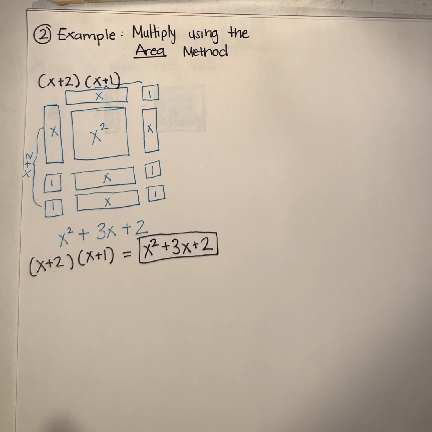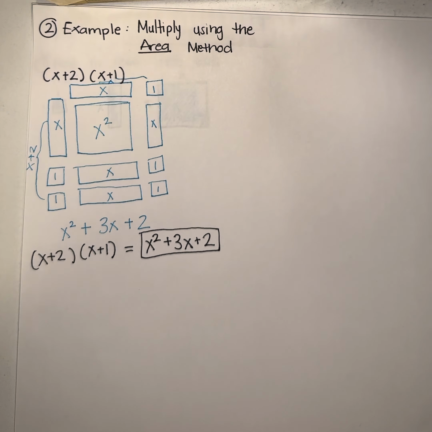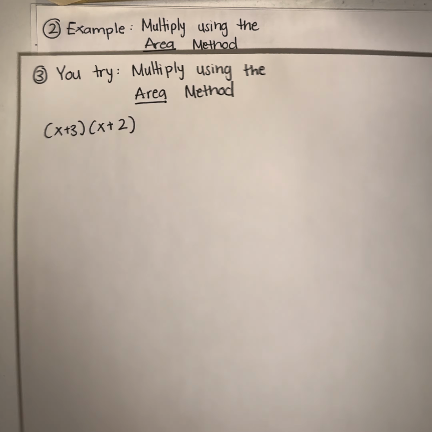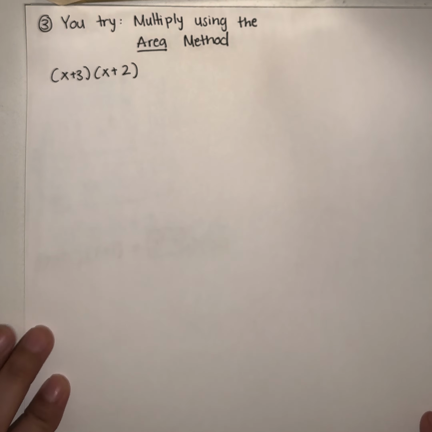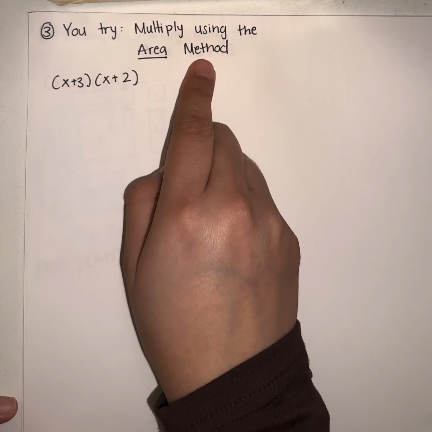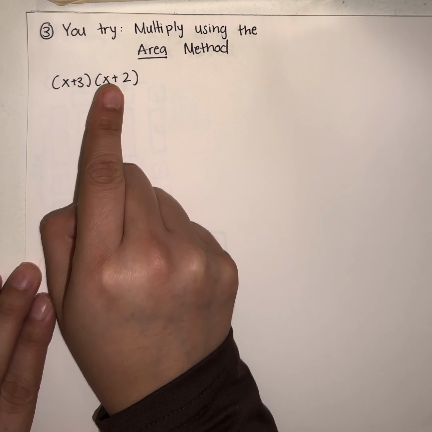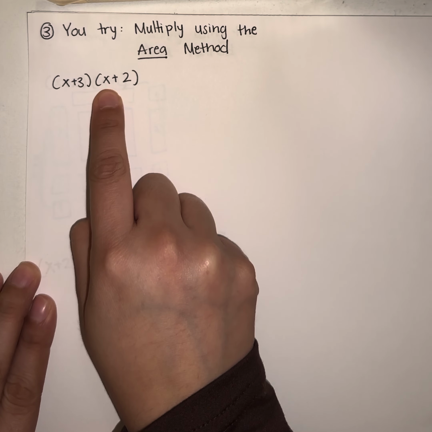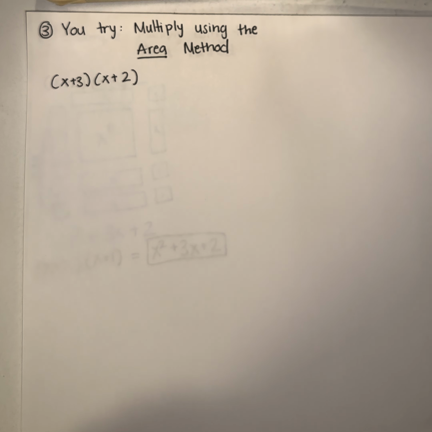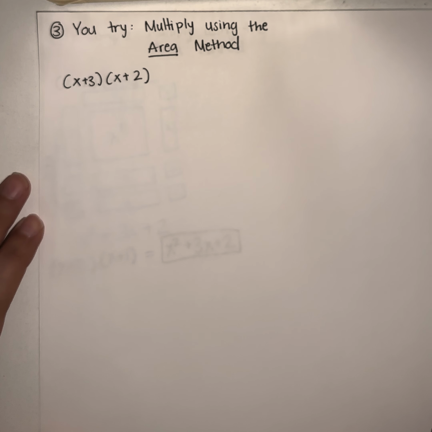Wonderful. Okay, now that we practiced 1, we're gonna move on to number 3 over here. It says, you try. Multiply using the area method. X plus 3 times x plus 2. So take a minute and solve that out using your algebra tiles. Make your drawings out.